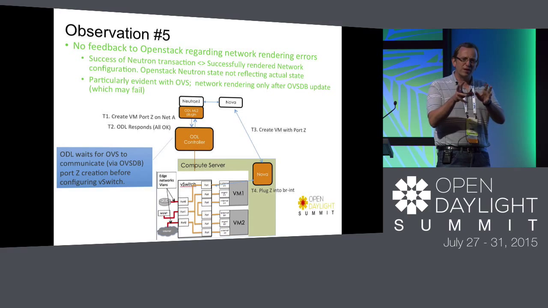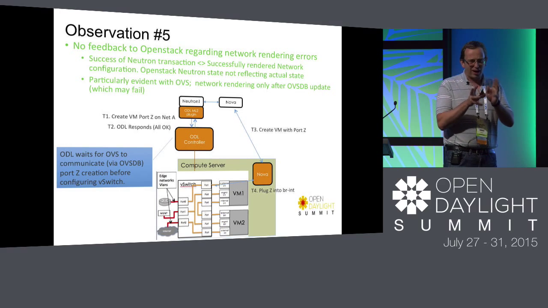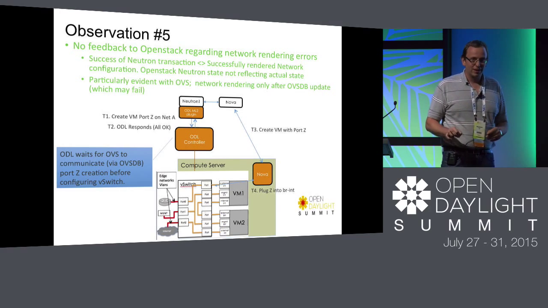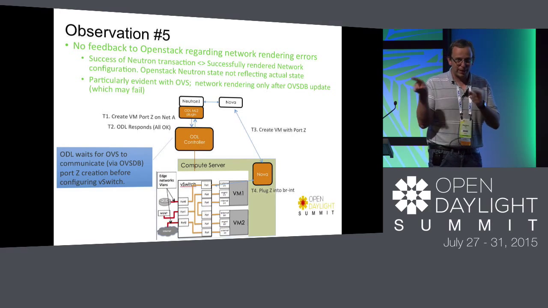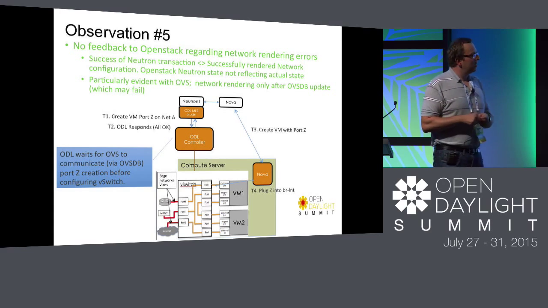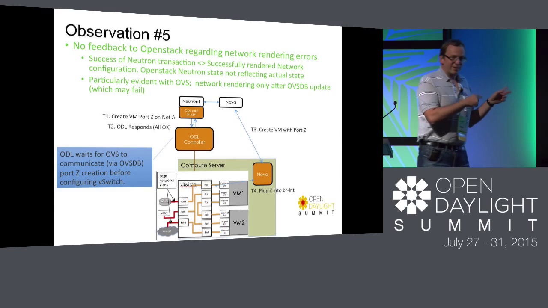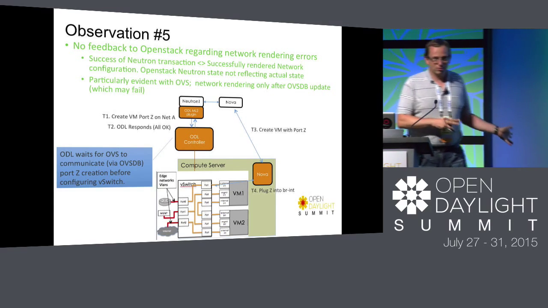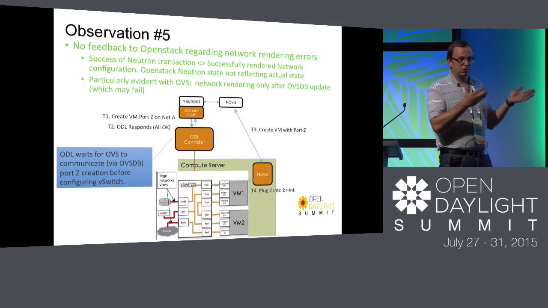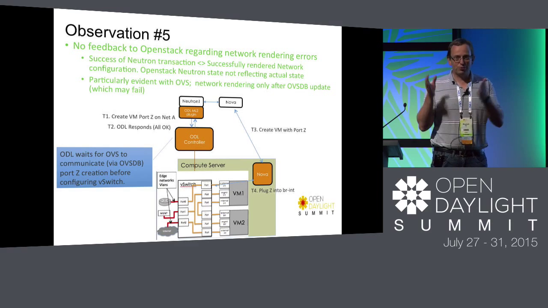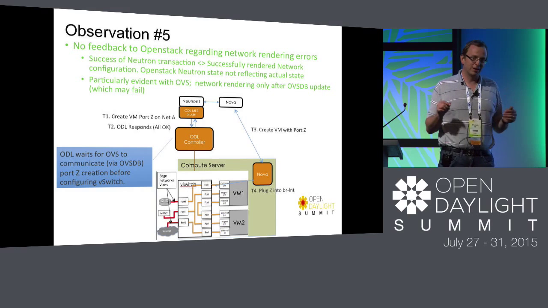Yes. Now, within the OVS agent, maybe this is my lack of knowledge in that area, maybe the OVS agent, which we're not using in the ODL case, has some mechanism to provide that feedback and back that out. But in the ODL case, it's certainly not there. So this leads to a problem: if you're looking at the Neutron state and Neutron logs, everything looks clean.